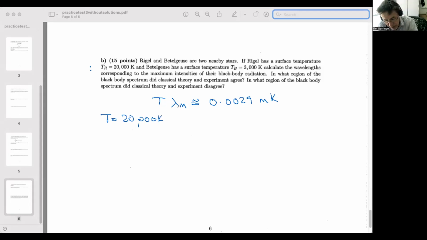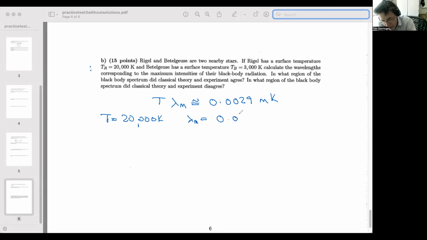To calculate the corresponding peak wavelength for Rigel, we just rearrange the Wien law for the wavelength. I'm just going to divide the law through by the temperature to get the maximum wavelength, meaning the wavelength at which the maximum intensity is emitted.